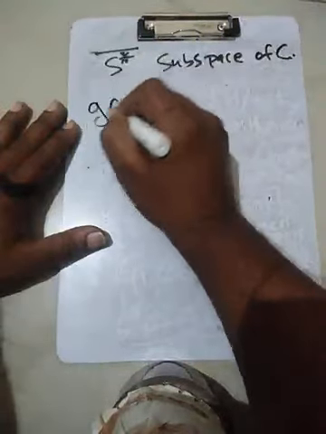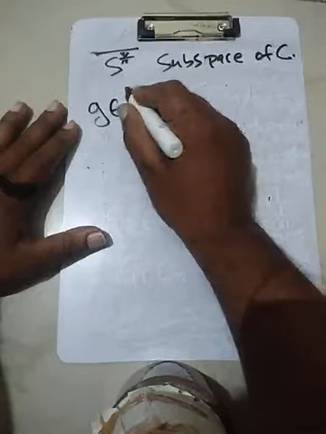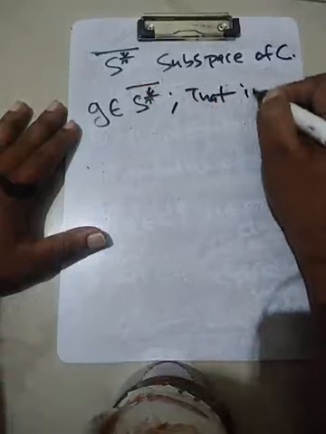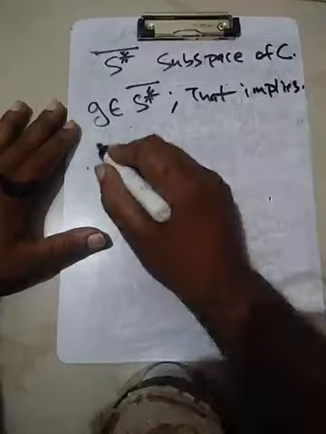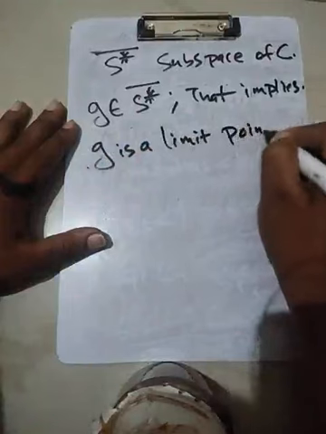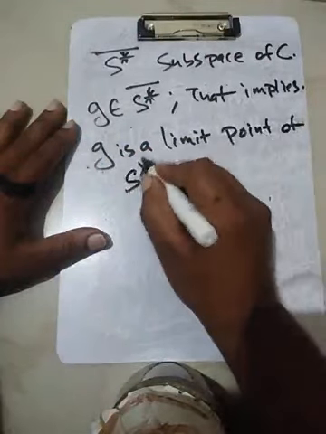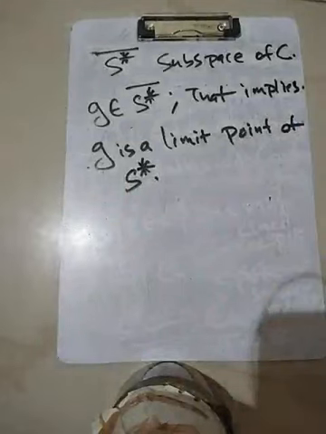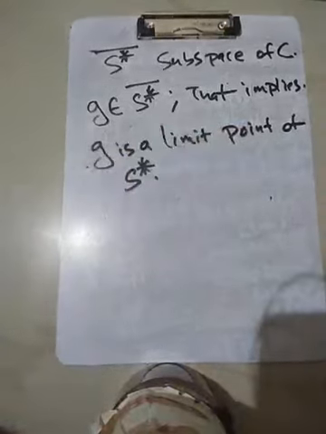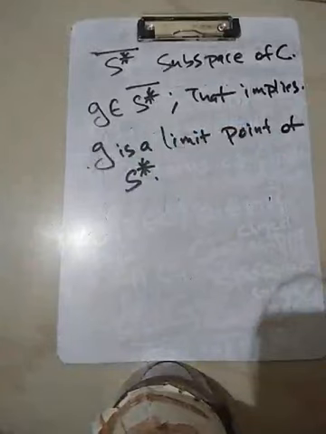So if G belongs to S star bar, that implies G is a limit point of S star. So if G is a limit point of S star, every neighborhood of G intersects S star.